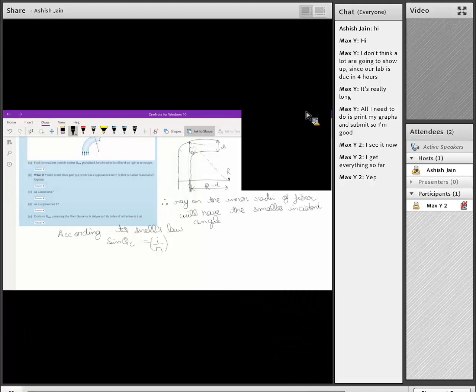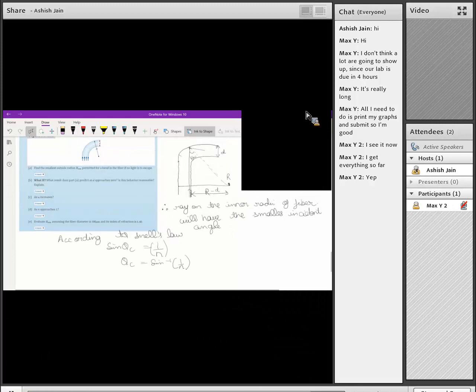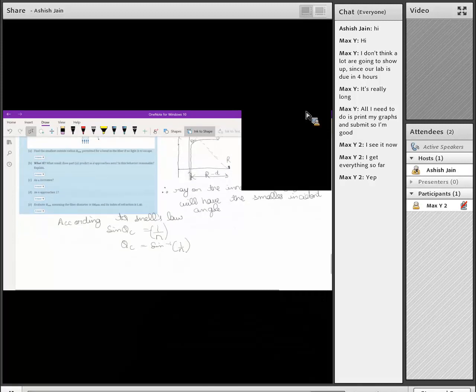So theta c is sine inverse 1 by n, and so sine theta I should be greater than sine theta c.